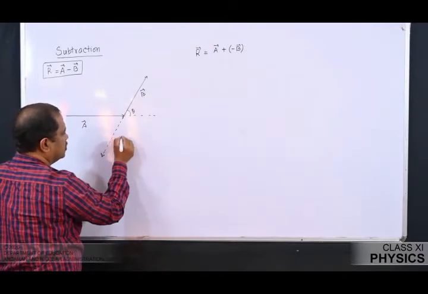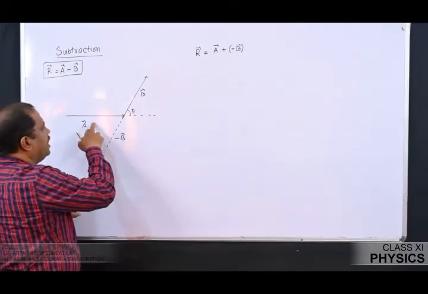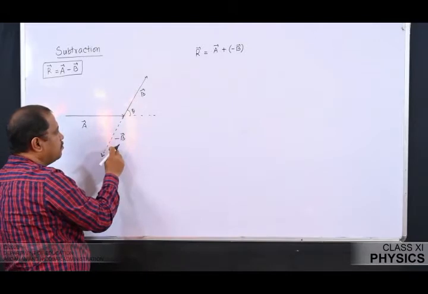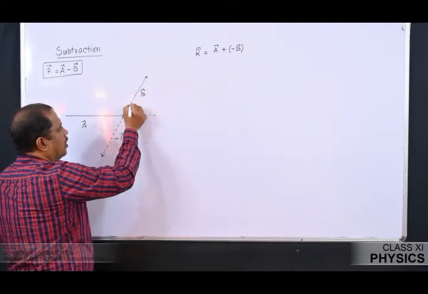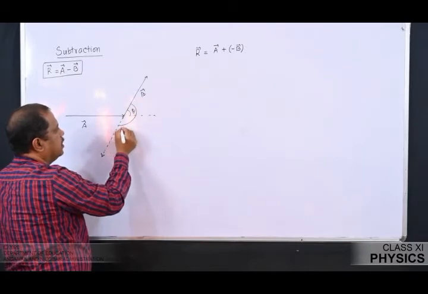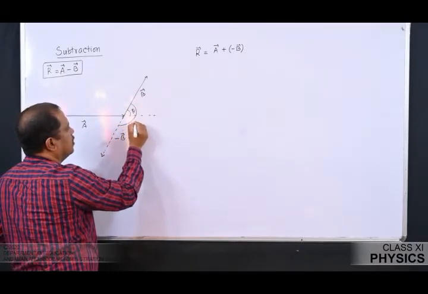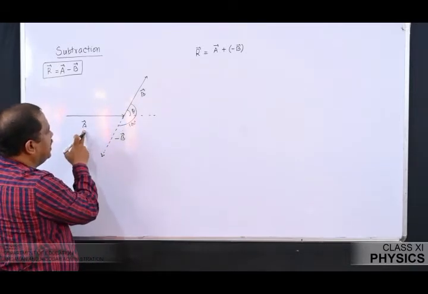So for me, this is minus B vector. When vector A and B make an angle theta, B and minus B make an angle of 180 degree. However, I want the angle between vector A and minus B.